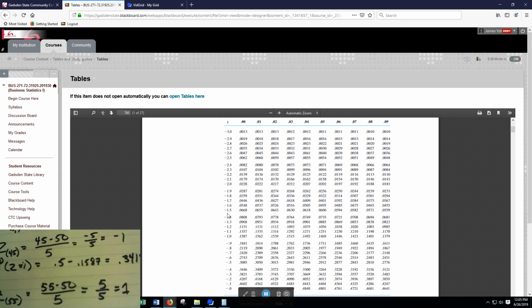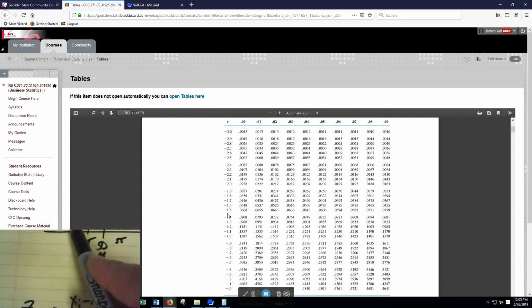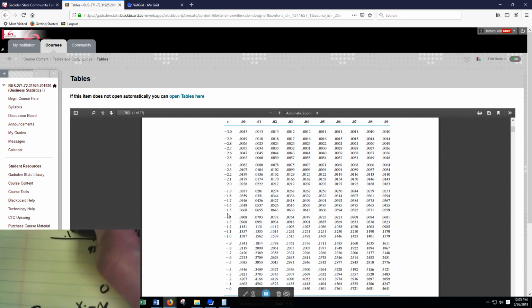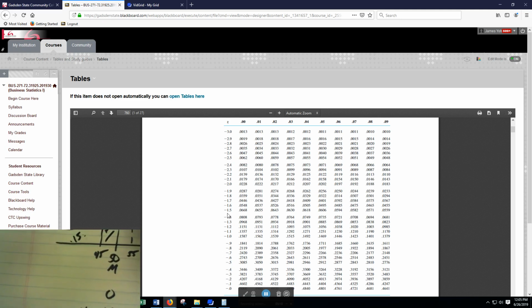That's the area to the left over here. We want the area here. We know that from the mean all the way to the left, that's half of the probability.